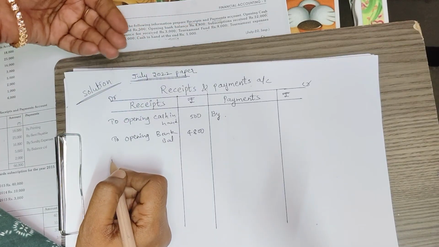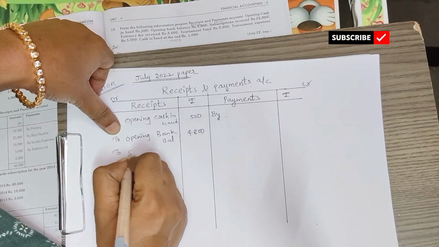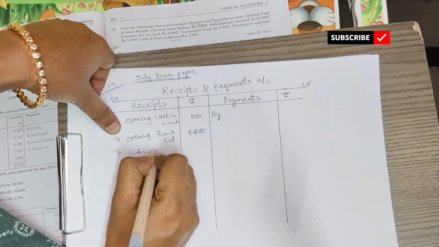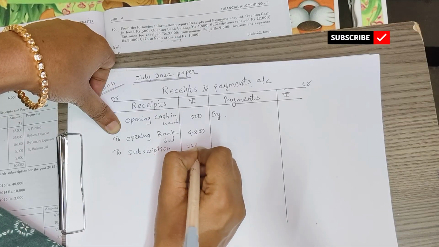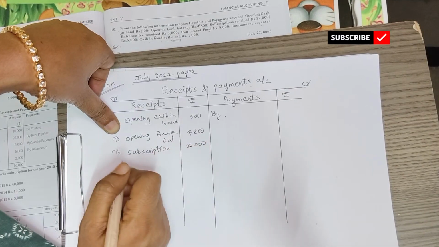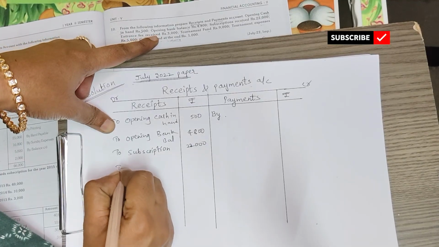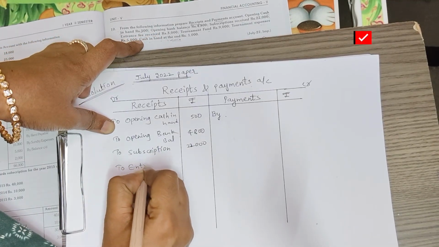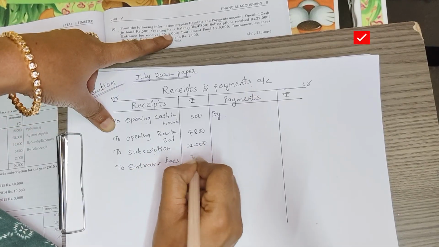Next, subscriptions received. Received means it's income. Subscription is income, so that is a receipt: 22,000. Next, entrance fees received, so it is also a receipt: 3,000.